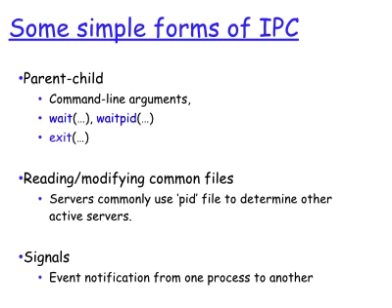Some simple forms of inter-process communication. First, let's look at some simple IPC mechanisms. We are already familiar with some of these. When we learned about the fork and exec mechanism for manipulating processes, we also encountered the system calls waitpid and exit.